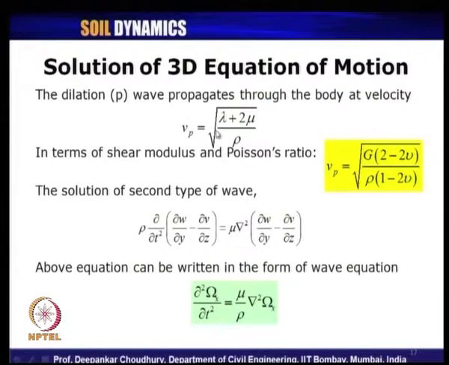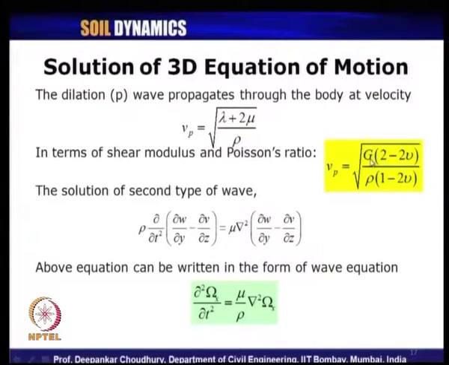If you put those expressions that I showed a few minutes back, then in terms of shear modulus and Poisson's ratio, this is the most useful expression which, as a geotechnical engineer in soil mechanics, we generally use. The expression for primary wave velocity Vp is given by root over G by rho into 2 minus 2 nu by 1 minus 2 nu.